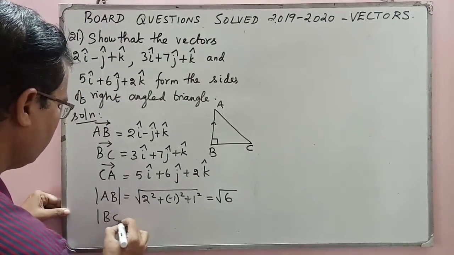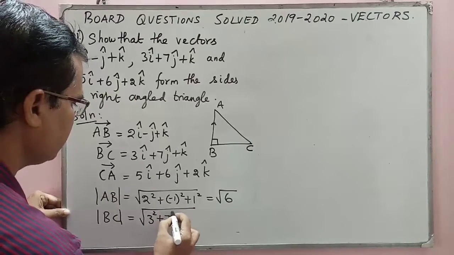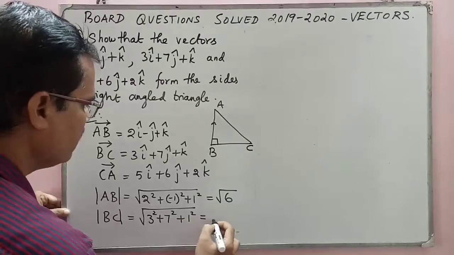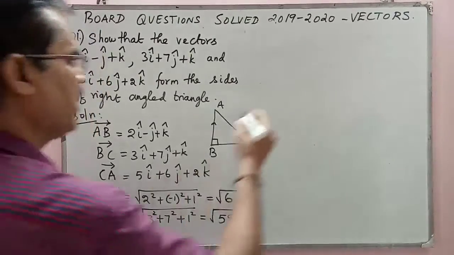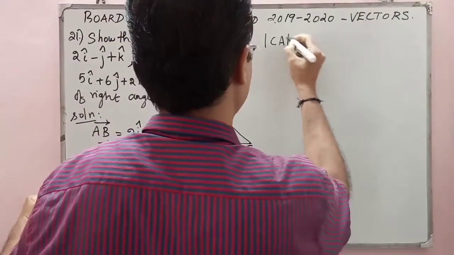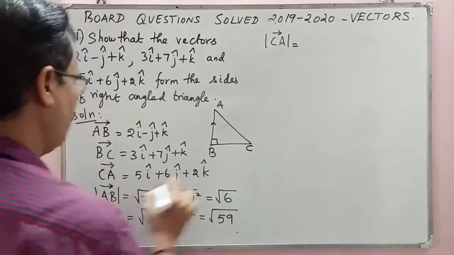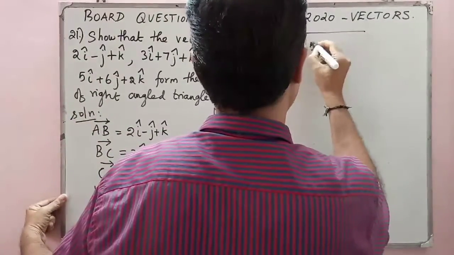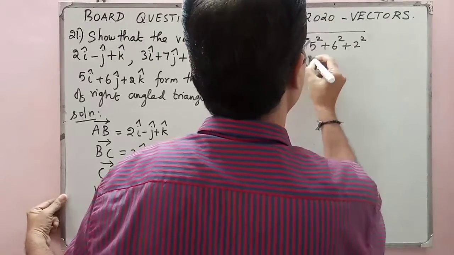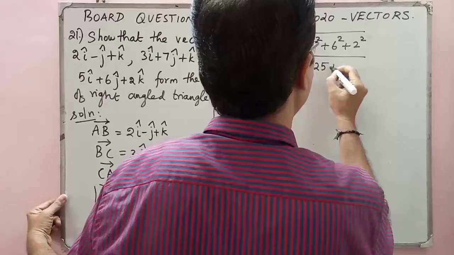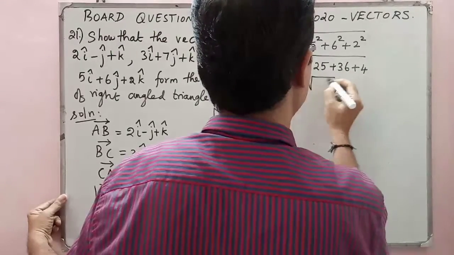Then the magnitude of the second side, root of 3 squared plus 7 squared plus 1 squared, which is root 59. The magnitude of CA vector, root of 5 squared plus 6 squared plus 2 squared, which is root 65.